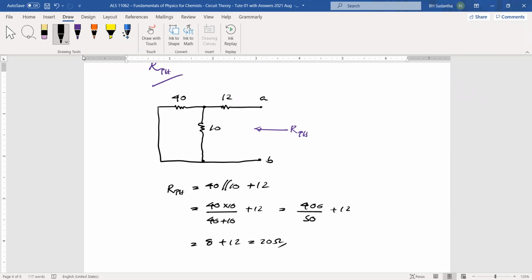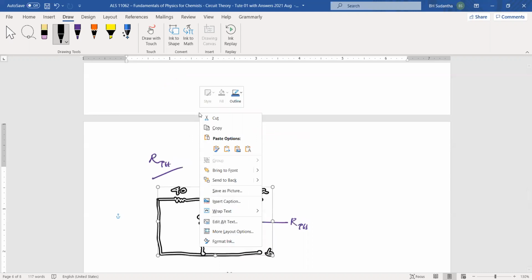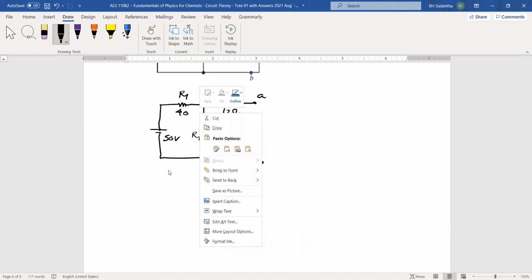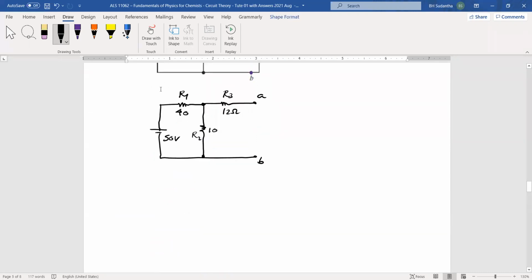Okay. Then we have to find the Thevenin voltage here.